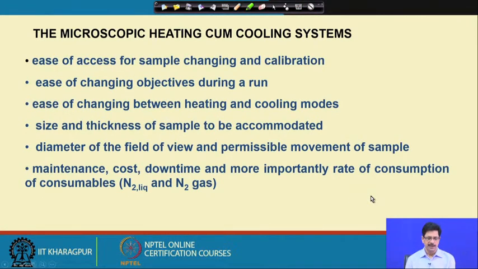And the ease of access for sample changing and calibration means whenever we are changing the sample holder, this should be very well designed, so that there will be good ease of operation. The ease of changing of the objectives during a run is not that very important, but sometimes it is required that during our heating freezing experiments we are relocating the inclusion.